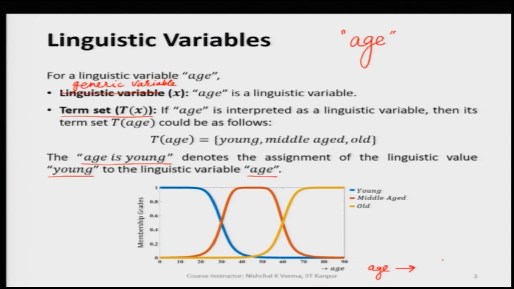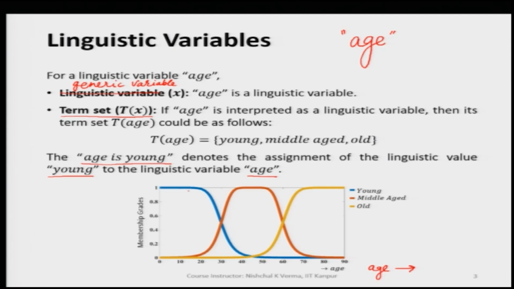As I mentioned, this linguistic variable can be divided into multiple linguistic values. Here in this case, we have divided the whole region of age in 3. These 3 regions are young, middle aged, old, but we can have multiple such regions which could be represented by the linguistic values, and these linguistic values are normally represented by fuzzy sets.